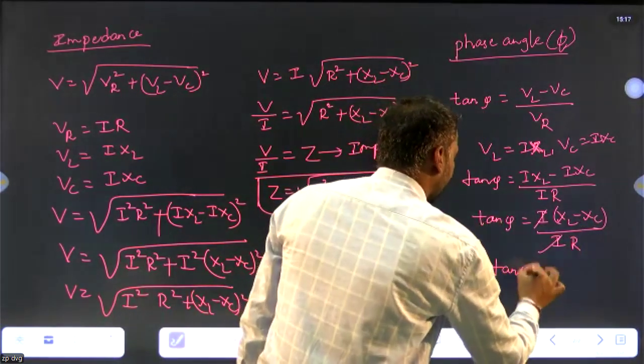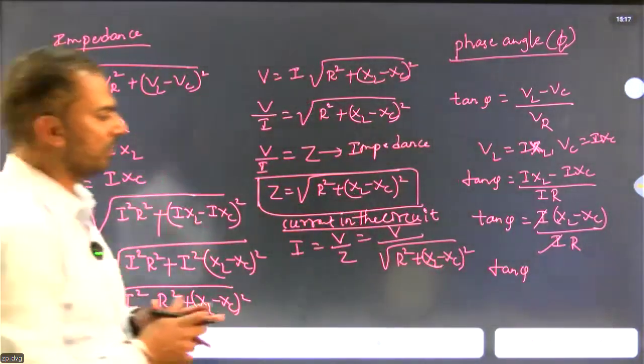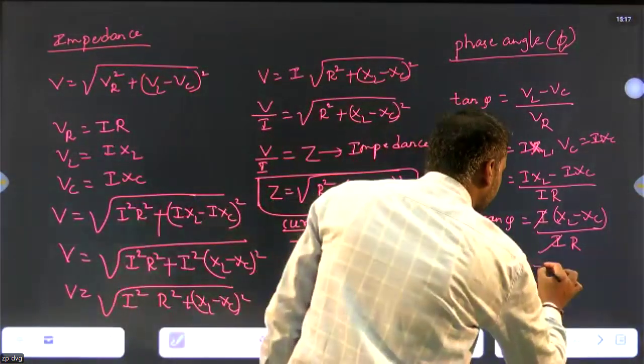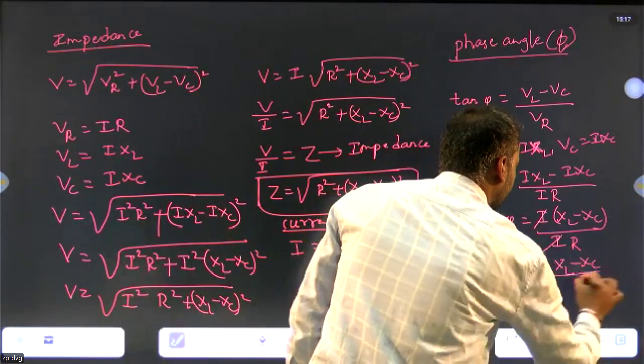Tan phi, the phase difference between the resultant voltage and current in the series LCR circuit, is equal to (XL minus XC) divided by R.